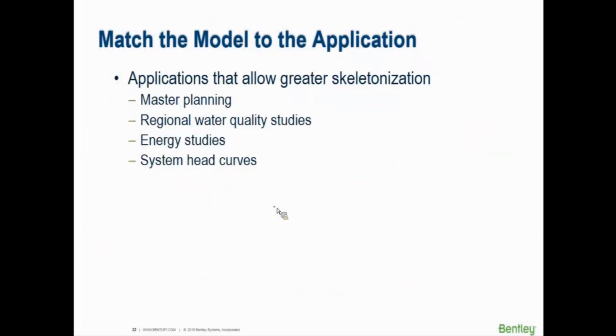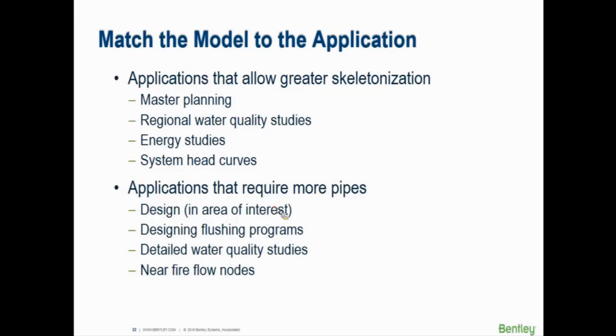The reason you would want to skeletonize might be to do some master planning. It might be to do regional water quality studies or energy studies. The reason you would not want to skeletonize a model is if you're designing some flushing routine using the flushing tool in WaterGEMS or WaterCAD, looking at water quality studies, chlorine decay, or fire flow analyses.